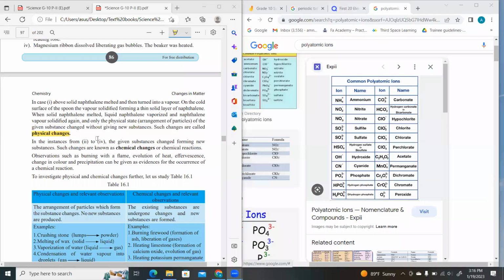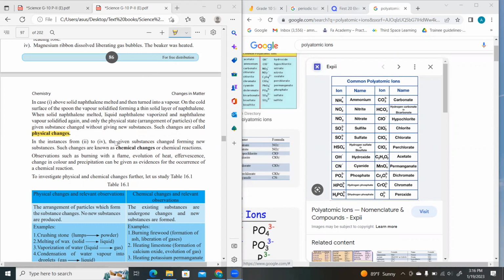Physical changes mean the changes which you can observe, right? Let's say if a solid is melting, that is a physical change. Or when a liquid is releasing gas, you can see the state is changing. So simply when the state is changing, those are physical changes which you can observe.